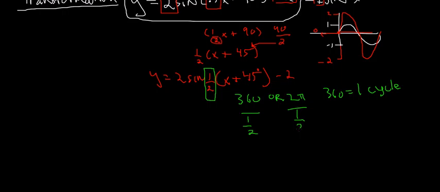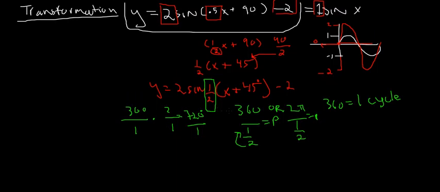So 360 divided by half is 720 over 1, because when you divide by a fraction, it flips and you multiply, and that gives you 720.